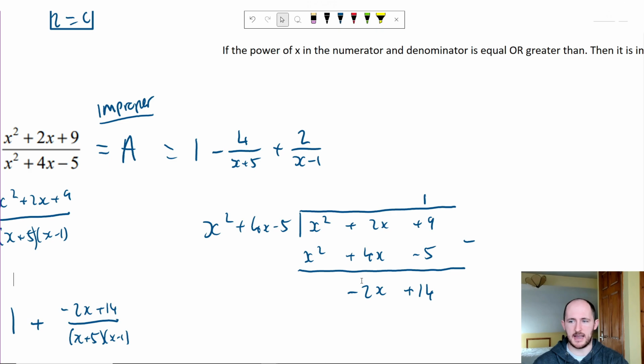I have worksheets that have hundreds all by myself, but then you can also look at other exam boards. And for the most part, partial fractions in every exam board is exactly the same, because it's maths. Same way that factorising quadratics is the same no matter what exam board you use. Even if you went to an American high school website, they do it in the exact same way, because it's a common method.